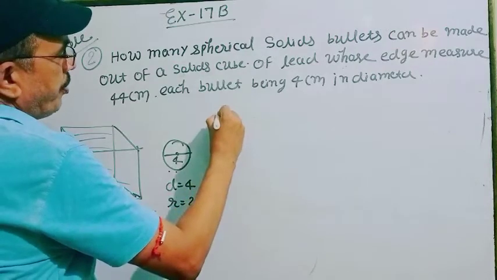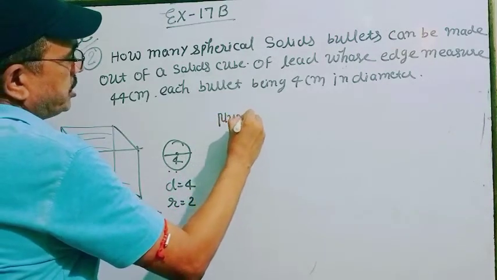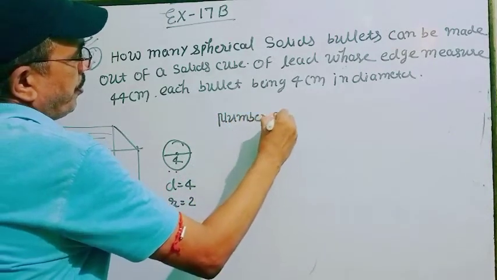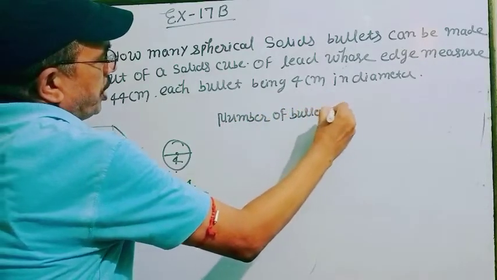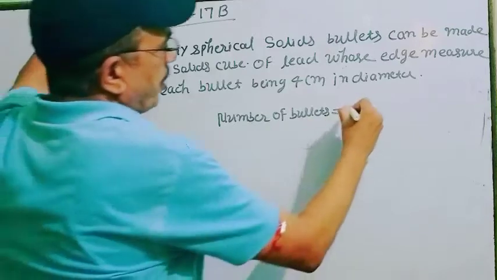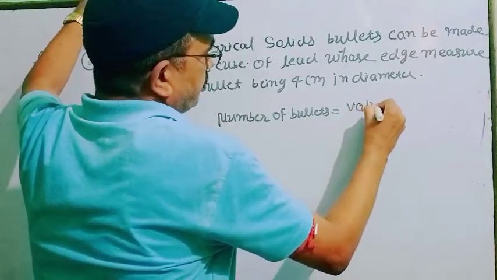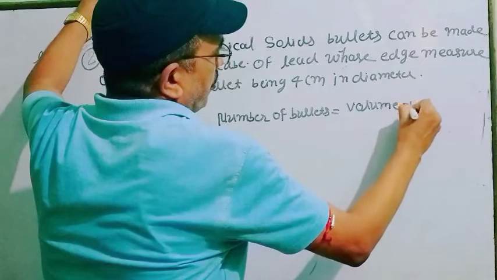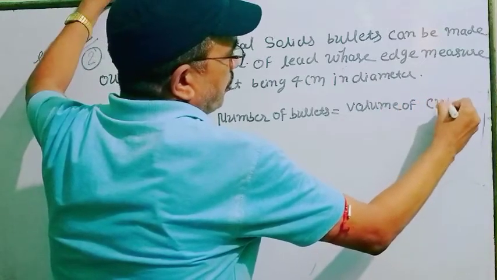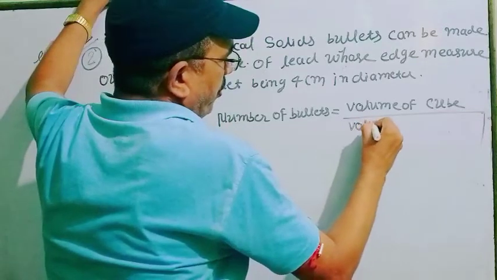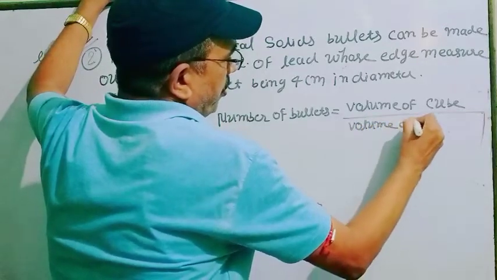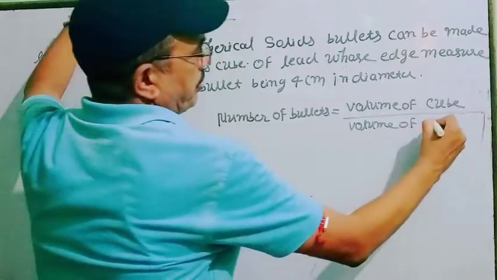And write here in only one line: number of bullets is equal to volume of cube by volume of a sphere.